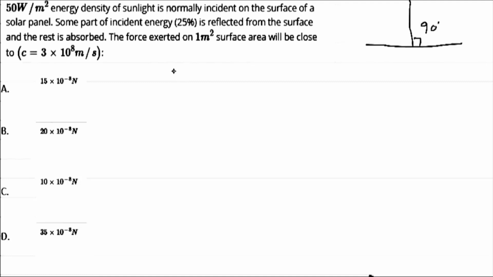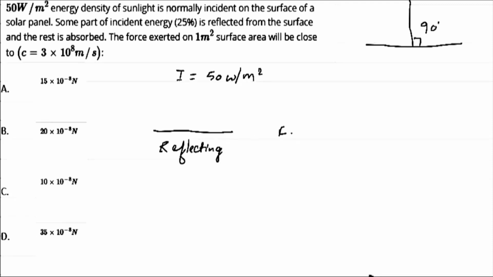So the intensity is given here, I equal to 50 watt per meter square. We know that if the surface completely reflects the light, then the force exerted on it by light of intensity I incident at 90 degrees is 2I upon C. But here only 25% of the intensity is reflected, so the force exerted by the reflected light is 2I by C into 25 by 100.